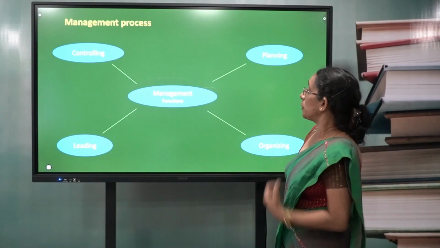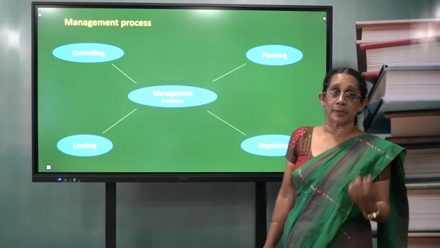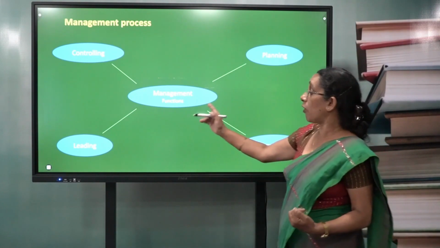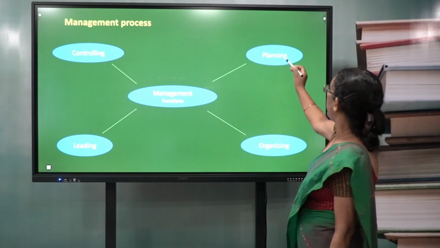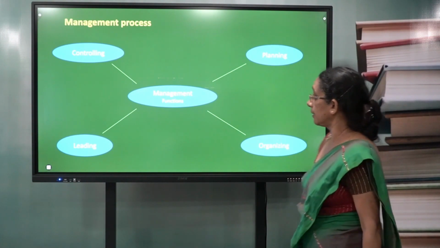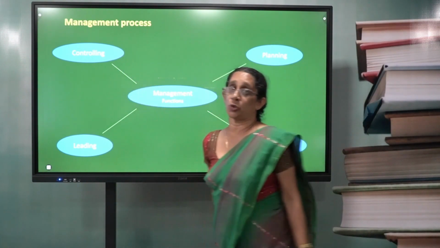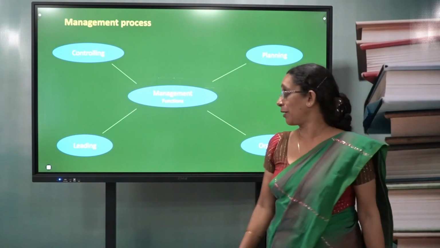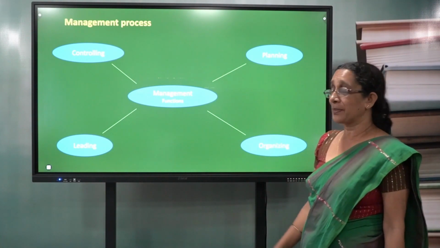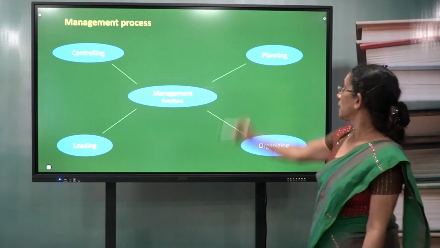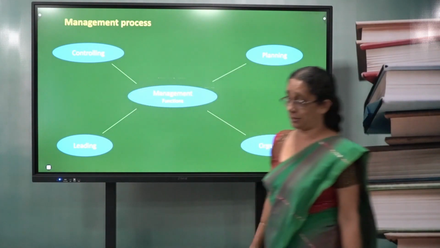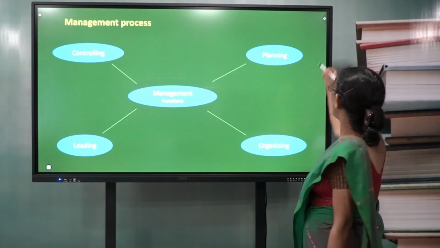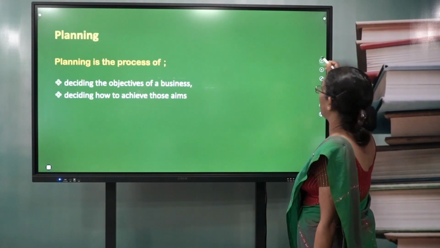And in this management process, there are sub-processes, or we call them management functions. They are planning, organizing, leading, and controlling. Can you remember the functions of management? Yes, what are the functions of management? Planning, organizing, leading, controlling. Yes, you should remember them. Yes, okay, now we will discuss about them.